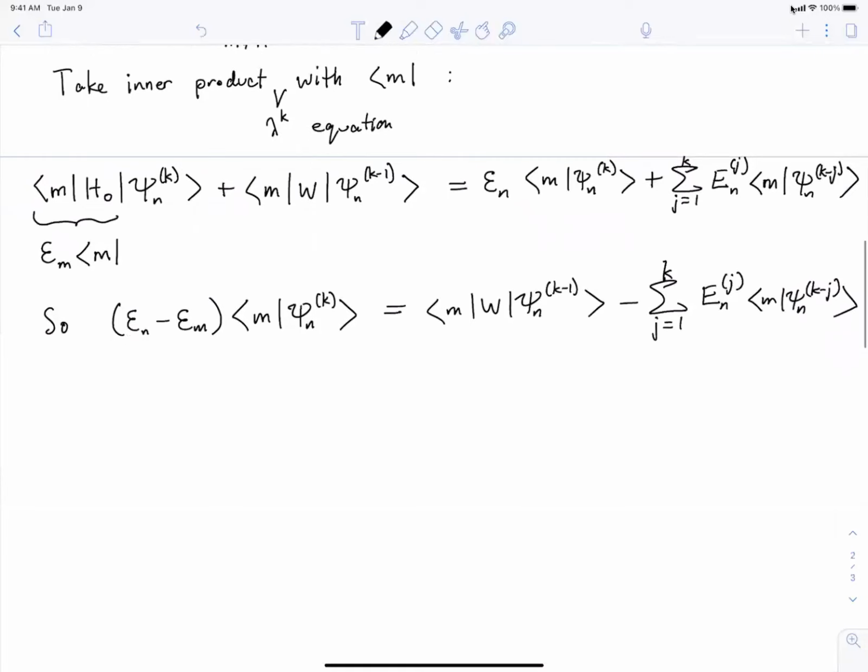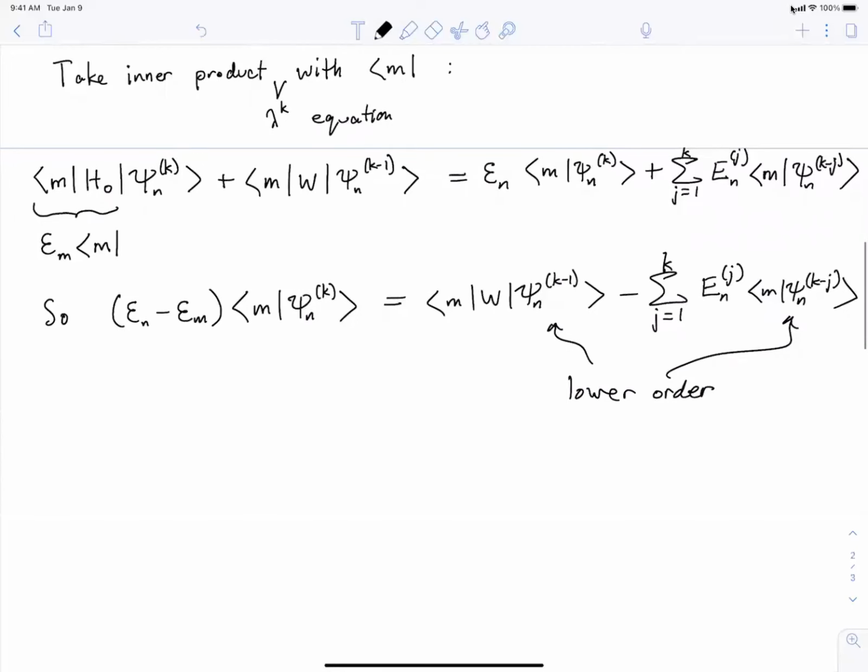Okay, and so what's the point of writing it this way? If you stare at this equation, you realize that the way I've written it, everything on the right-hand side involves only objects with order less than k for the state. So this right here and this right here are lower order.